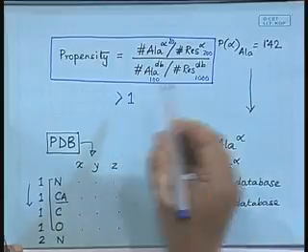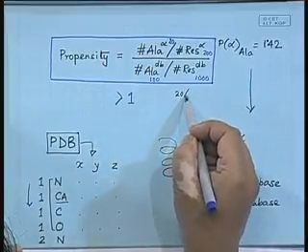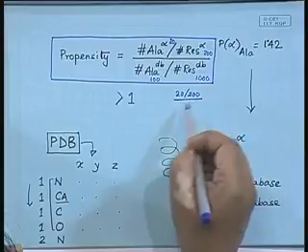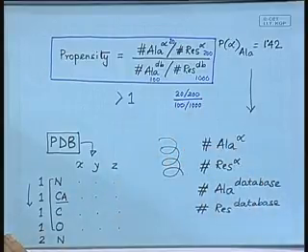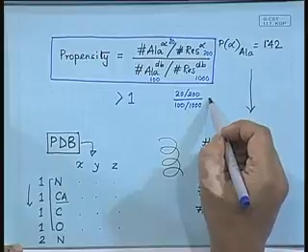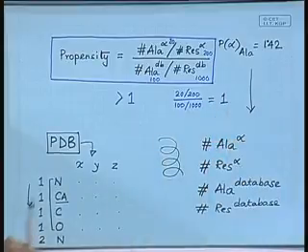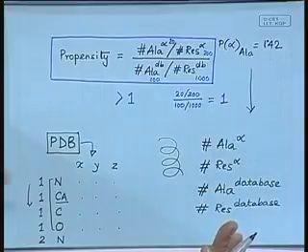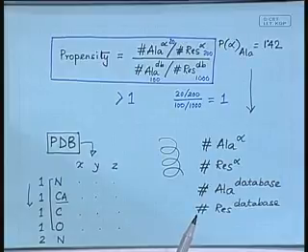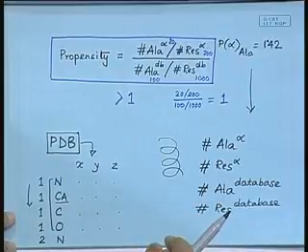So, what would my value be? 20 by 200, over 100 by 1000. What is it? 1. What does it tell me? There is nothing great that I have in helices. I just have it 10% as I have in the rest of the protein. I do not have any information about it.